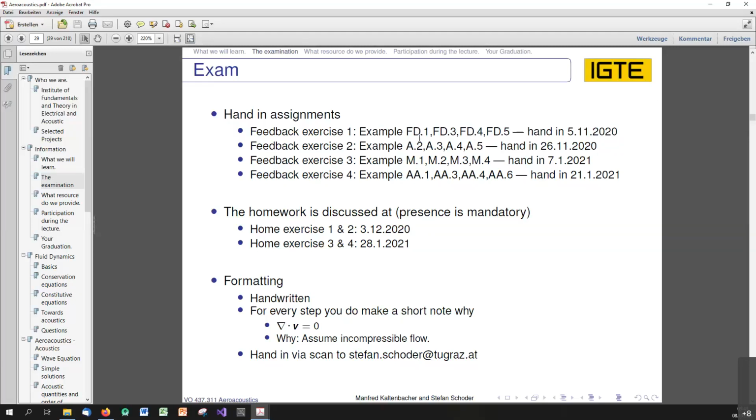Because I myself will not look at the questions before you hand them in, so I probably don't know what FD3 is. So just a hint for you.